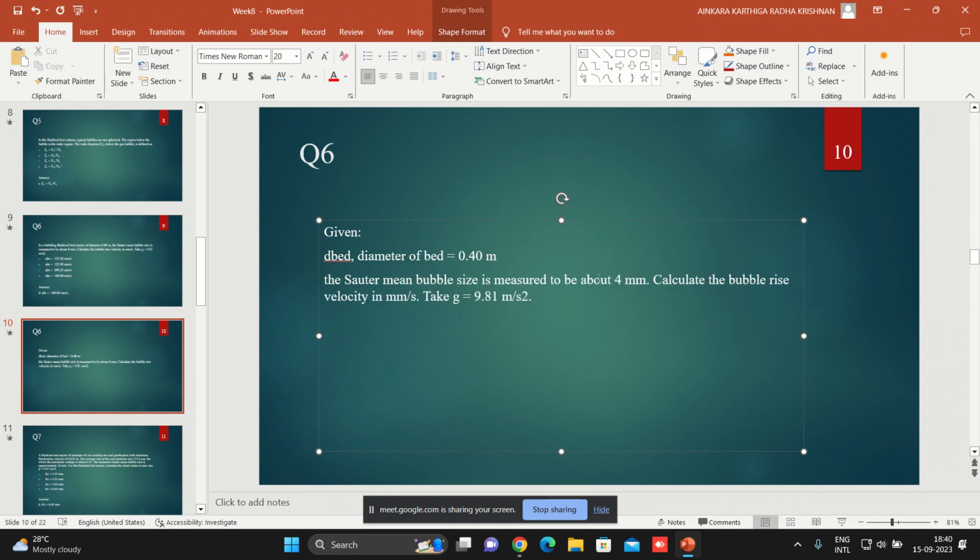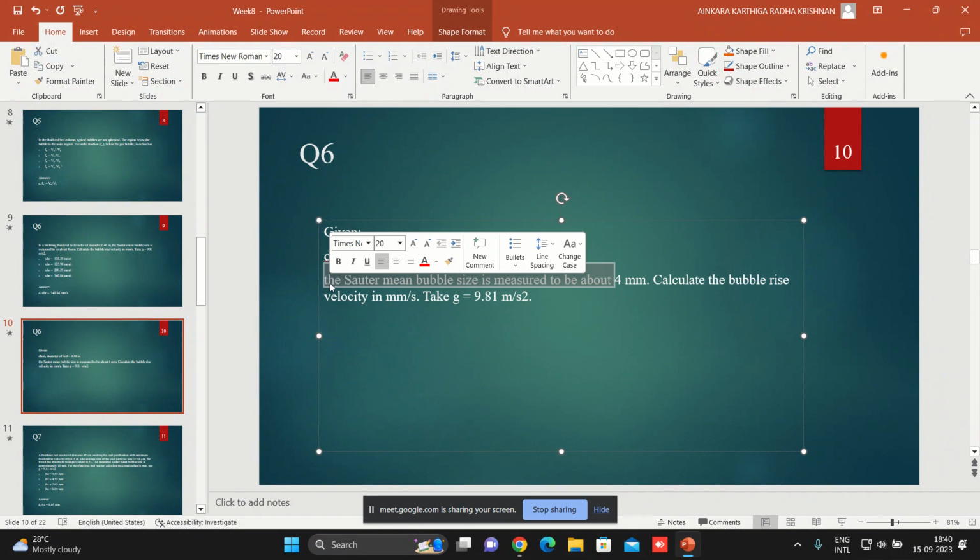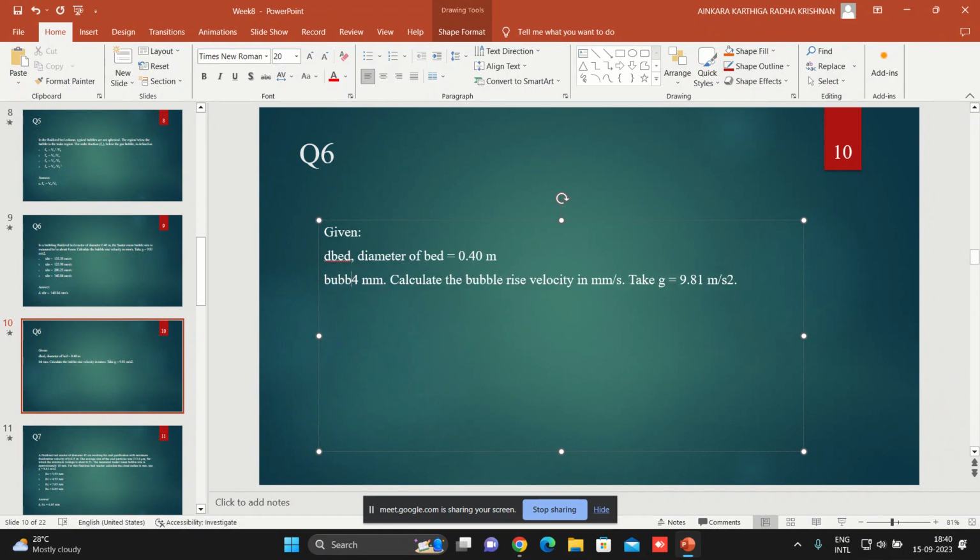The mean bubble size is measured to be 4 mm, so bubble diameter D bubble is 4 mm.